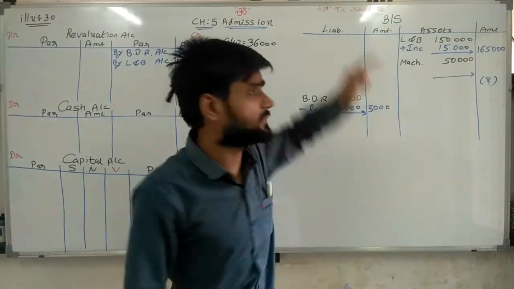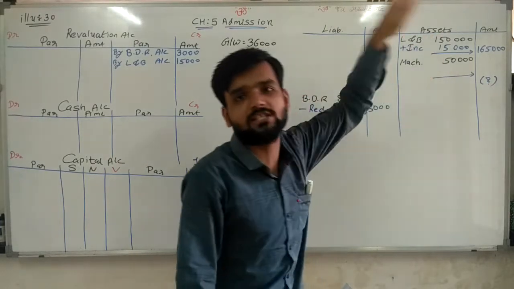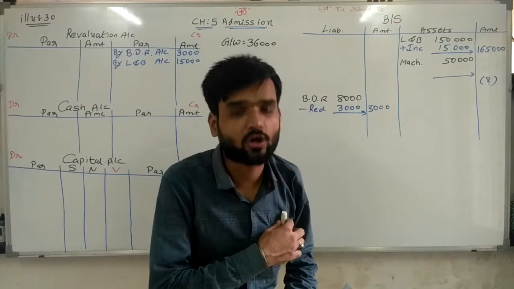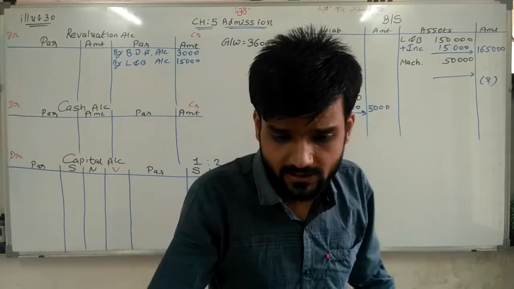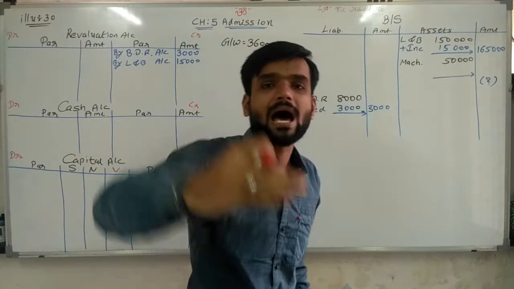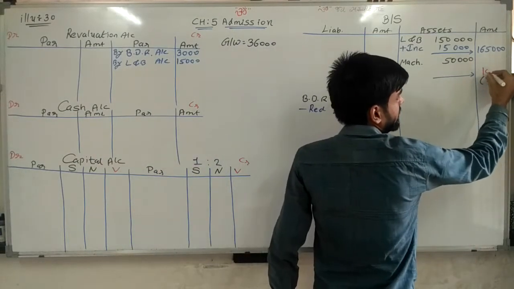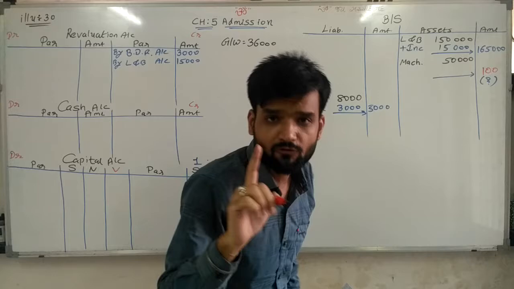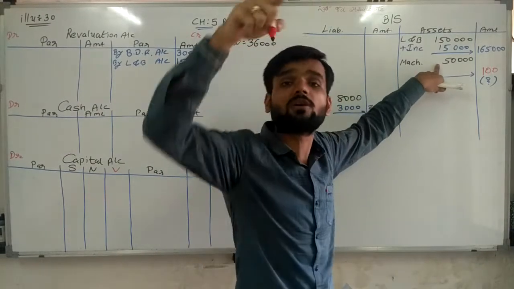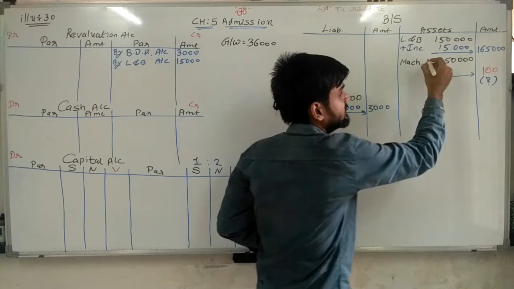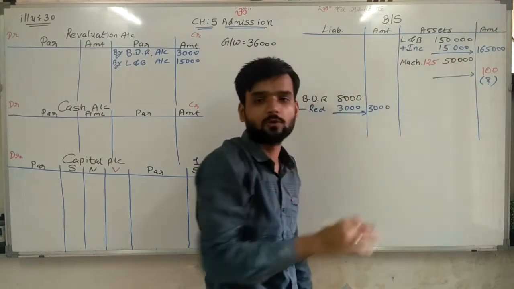Here the information is given about this book value, this 50,000 rupees: it is more by 25%. It means if the market value is 100, then this value is 25% more, so it is 125. 100 plus 25%.